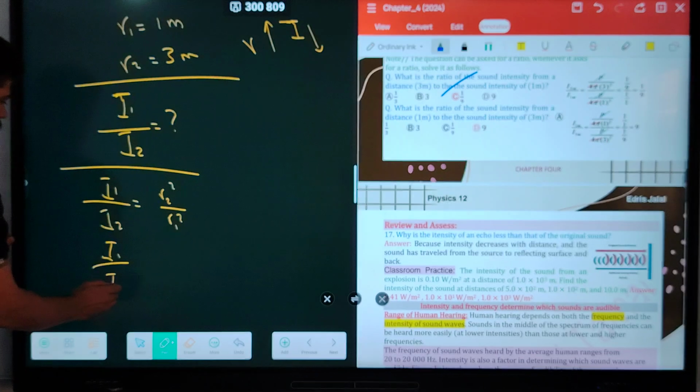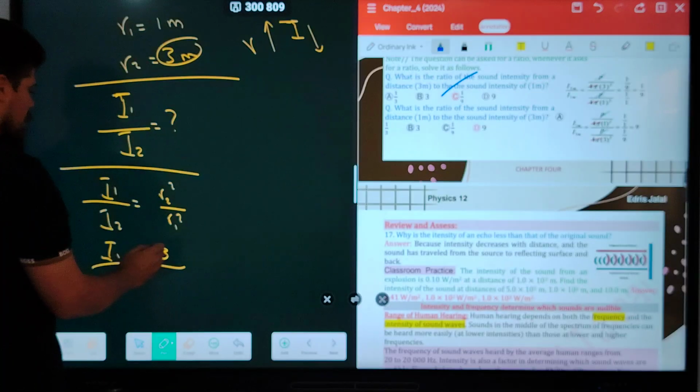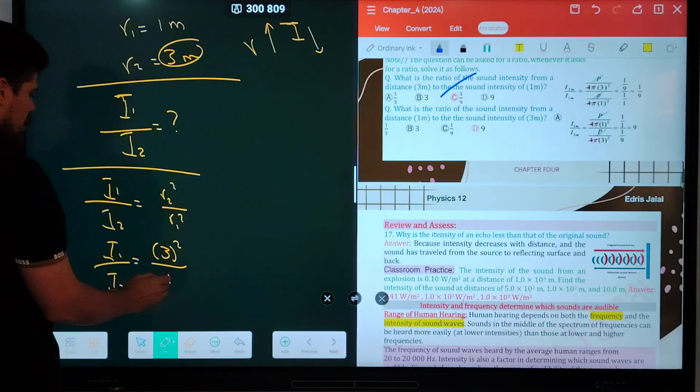Do we have R2? Yes, 3 square. R1, 1 square. I1 over I2 is equal to 9 over 1. So you can cross multiply: I1 is equal to 9 times I2.